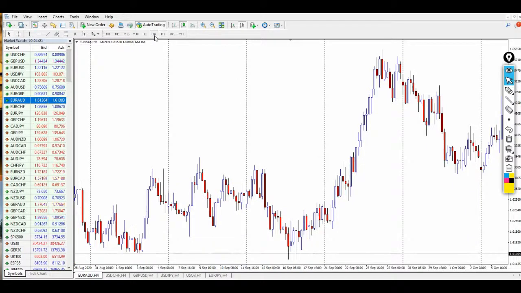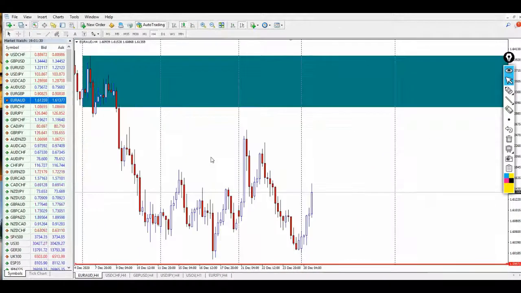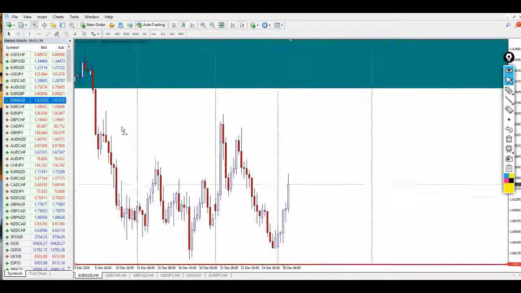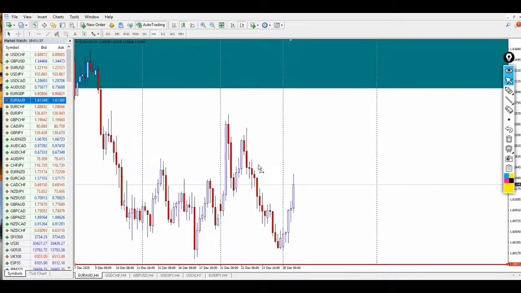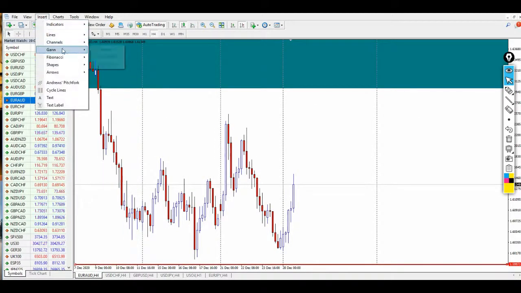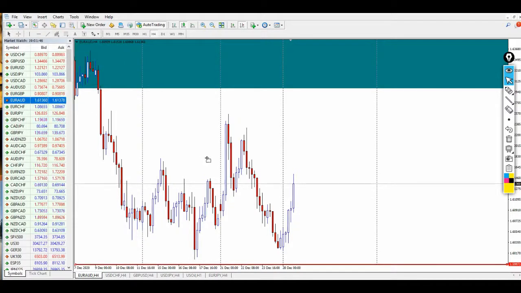Another thing that I want to mention is that you can use a set and forget style. If you are working and have a day job, you can look for a 4 hour supply that is untested and a 4 hour demand that is untested. The set and forget can only be applied on higher time frames, the 4 hour, maybe the 1 hour, but the 4 hour and the daily are perfect for set and forget trading.